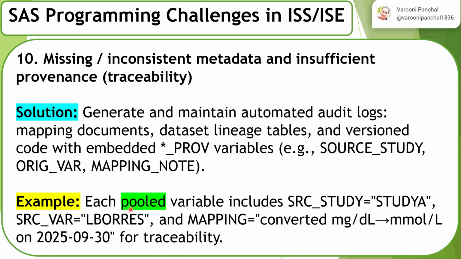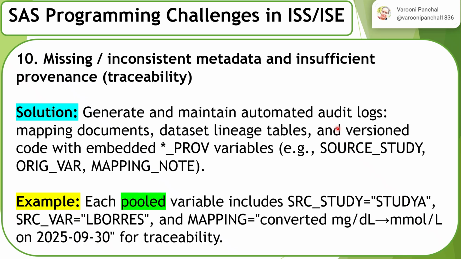Likewise you need to create all these kinds of variables, and you should try to automate the audit so that you get the traceability of each and every variable present in all the 12 individual studies.